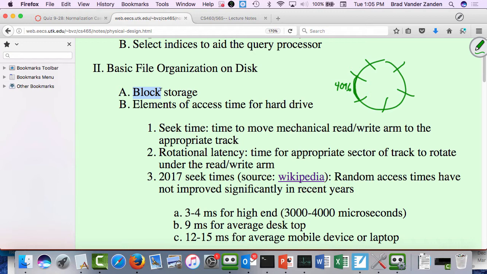Okay? But as you might imagine, if you're doing a select operation on staff at the University of Tennessee and you want to select the employee record for Brad Vanderzanden, you're not likely to find me at the beginning of the file. You're more likely to find me where?